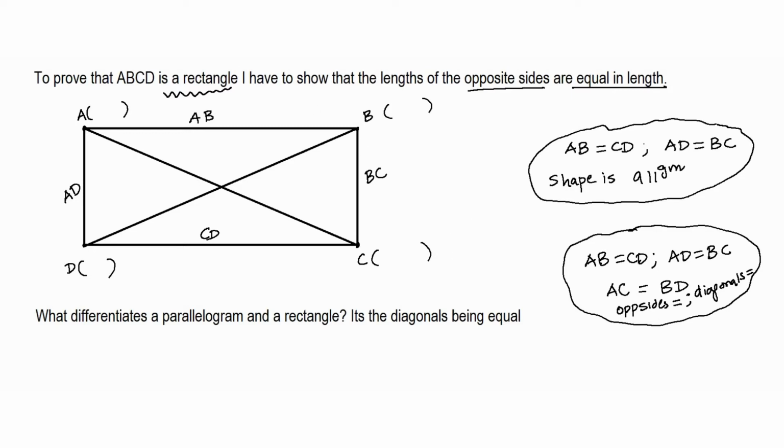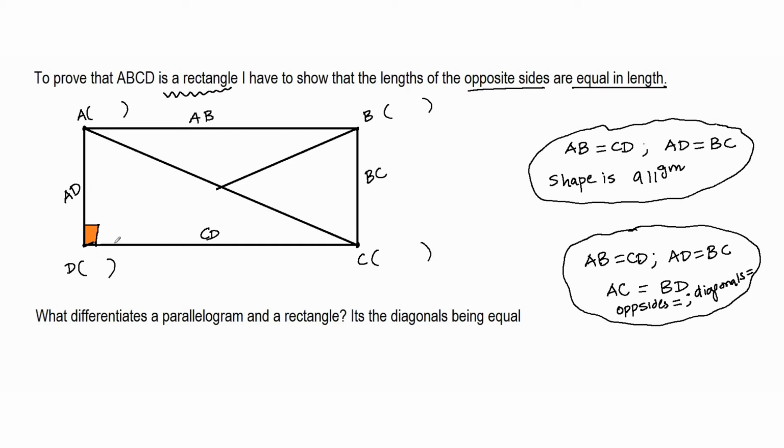If I can show that angle D equals 90 degrees, then I can say that ABCD is a rectangle, right?